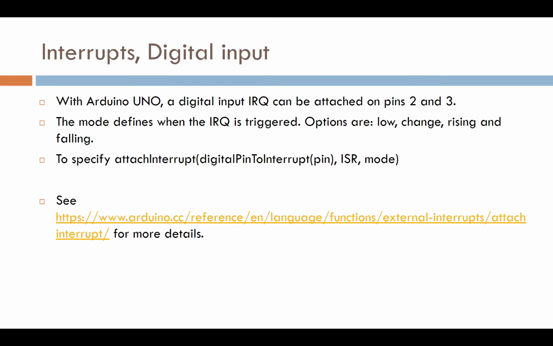Rising means that the signal rises. Depending on how you connect the button, if you put a button between the plus 5 volts and the input pin, and of course then the resistor down to the ground, then the rising edge interrupt will work when you press the button.